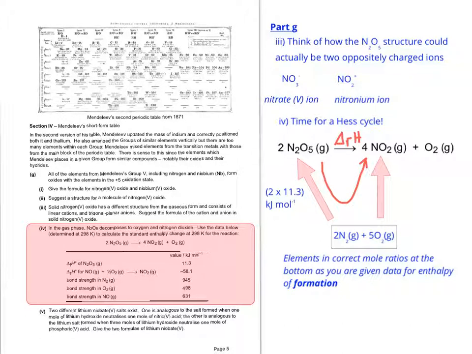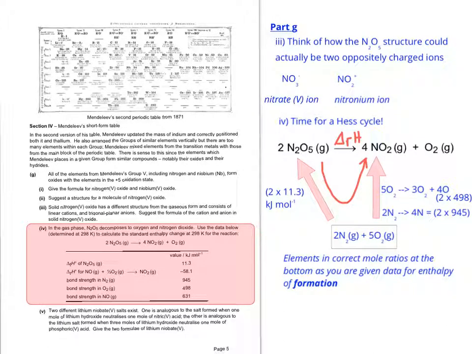So to use this energy cycle and the data we're given, it's slightly cheeky because we haven't actually got the formation enthalpy for NO2. But we do have a formation enthalpy for nitrogen monoxide, rather than from its original elements. So the first stage is to break the nitrogen molecules up into 4 individual nitrogen atoms.